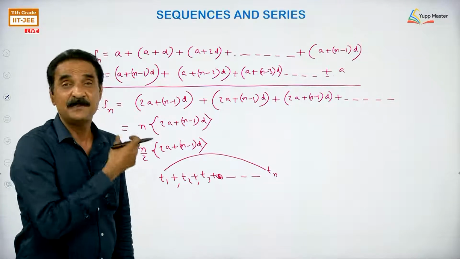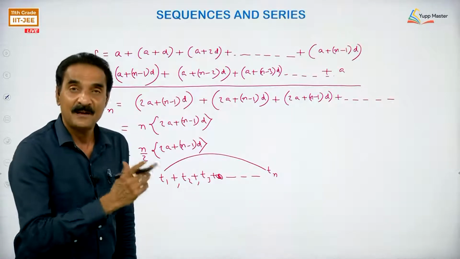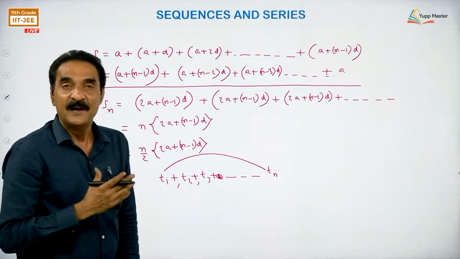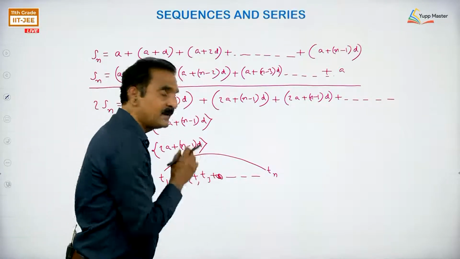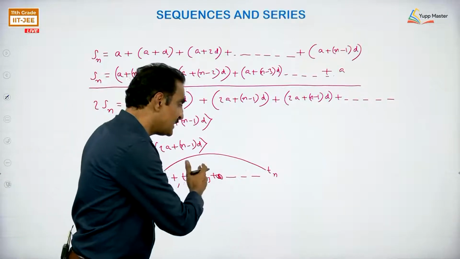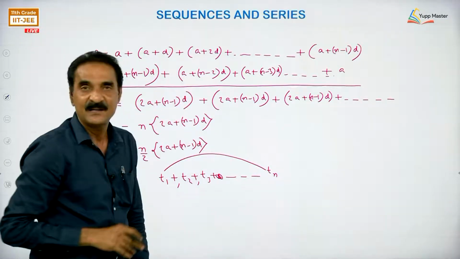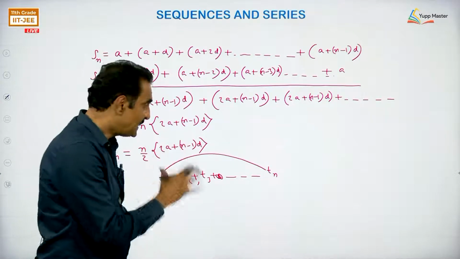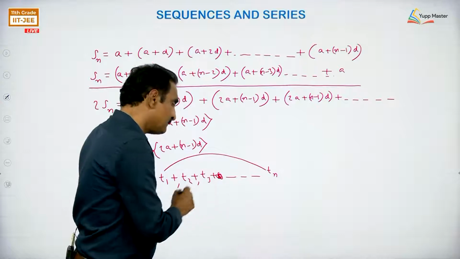But when will you get the middle term? Only when the number of terms is odd. When n is odd, you will have exactly one middle term. When n is even, it can be separated into two equal halves, there is nothing left in the middle, is it not? So if n is odd, there will be one middle term.